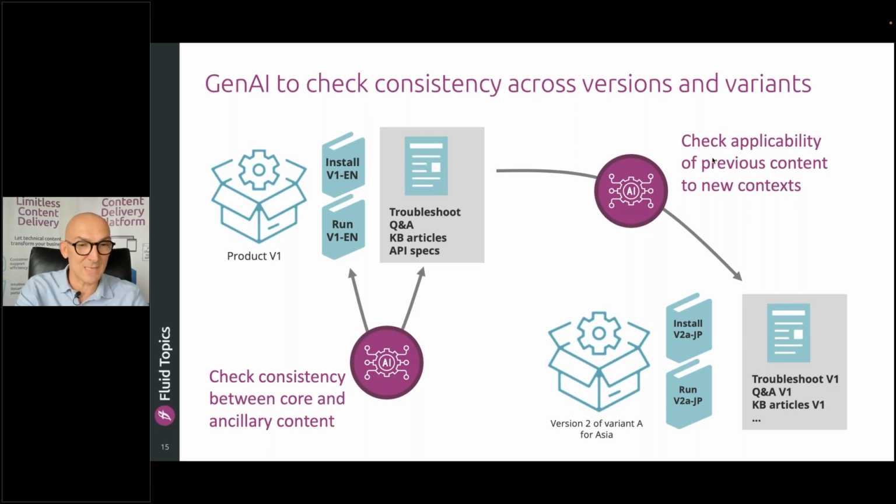You can still use that content. So that's where there is something very interesting, really on the fly, validating, checking the consistency of all the content that has been derived from or written from the initial product, initial foundational content. So that's a second use case.